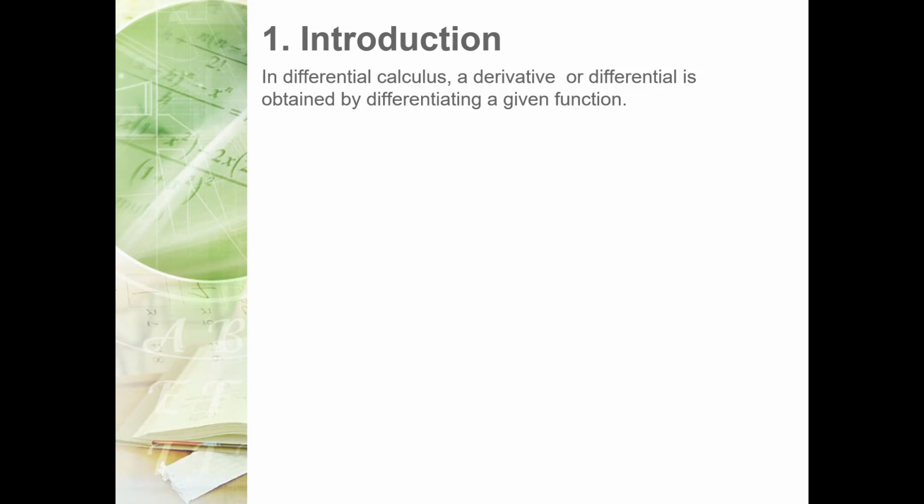Okay, so let's start off. In differential calculus, a derivative or differential is obtained by differentiating a given function. For example, we have x cubed plus 4. What you did in calculus 1 is you take the derivative of such function. So d over dx, right? That is the proper way of getting the derivative.